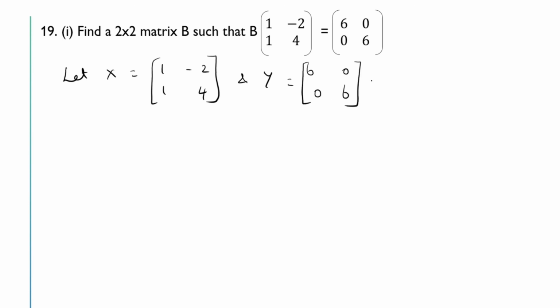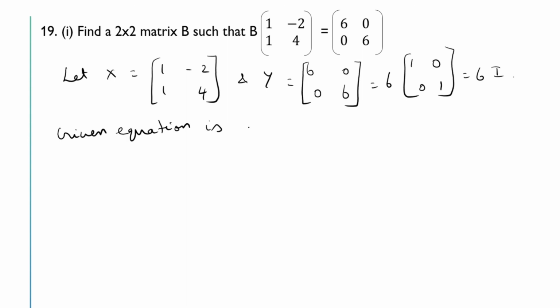So this is nothing but 6 into 1, 0, 0, 1 or it is equal to 6 into I. So we can write the given equation as BX is equal to Y.